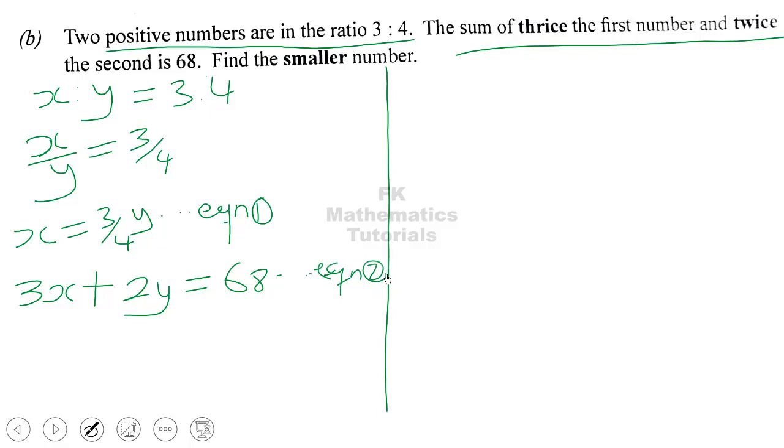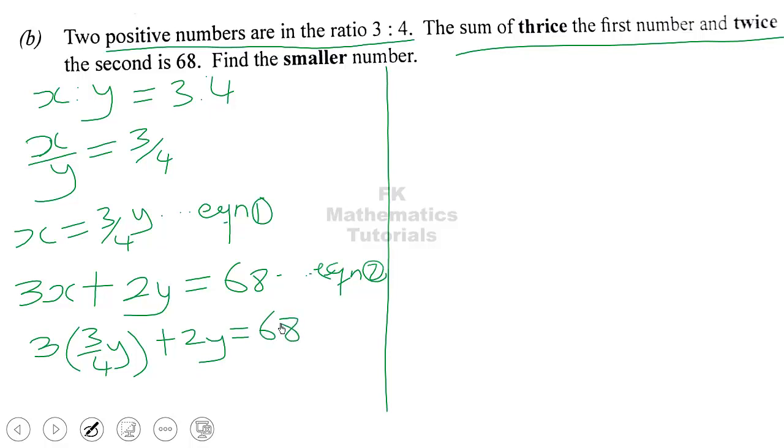So we can put equation 1 into equation 2. This will imply that 3x is now 3 times 3/4y. 3x plus 2y is equal to 68.